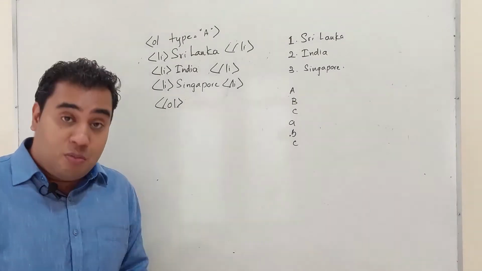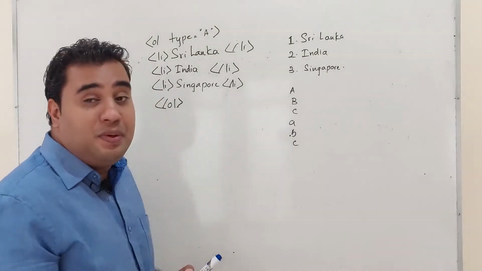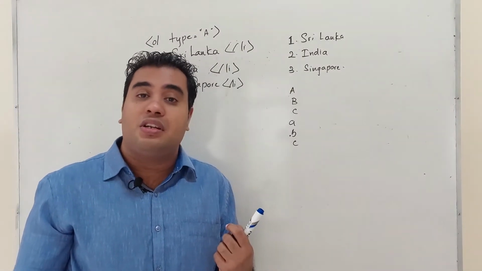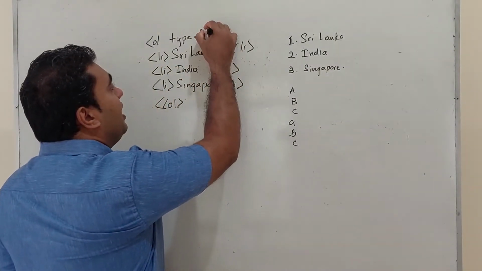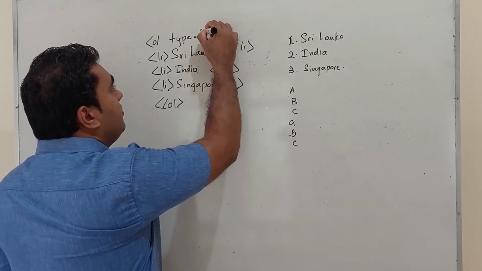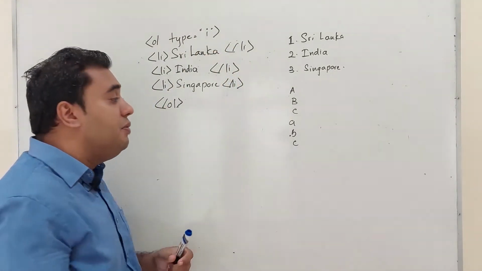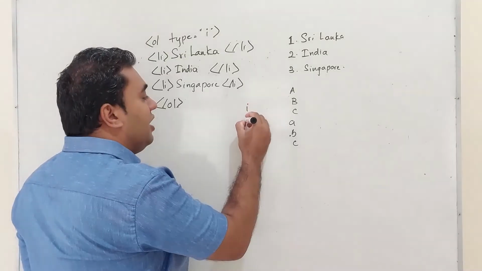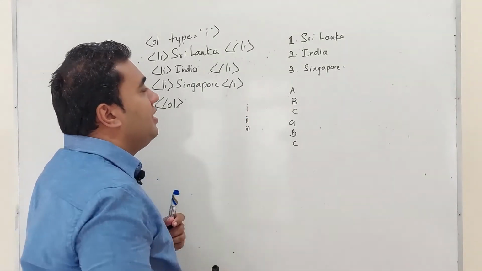And even Roman numbers, we can use simple i, which represents the Roman number 1. If we use the value as simple i, it will be shown as i, ii and iii.